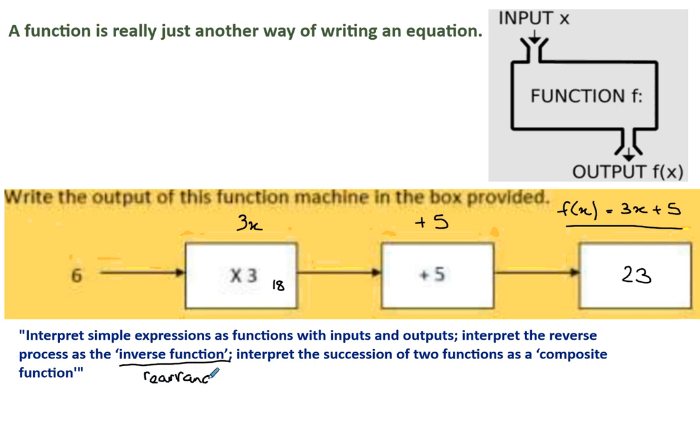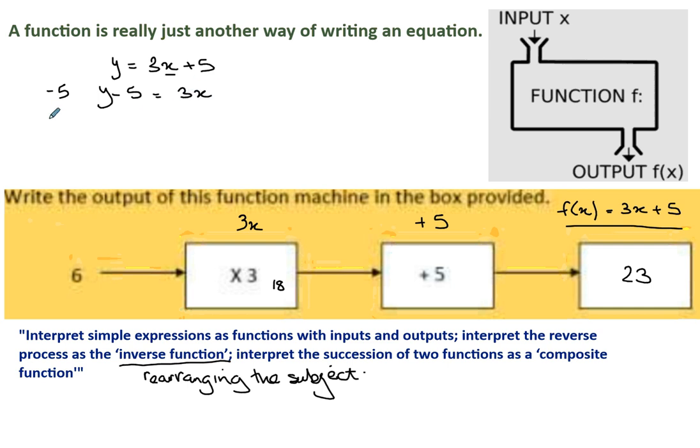If you're not familiar or comfortable with rearranging the subject, then please watch my videos on rearranging the subject. So over here, if we had 3x plus 5, all we do is write y equals 3x plus 5, and then rearrange it to make x the subject. We go minus 5, so y minus 5 equals 3x, and what's been multiplied by the x?